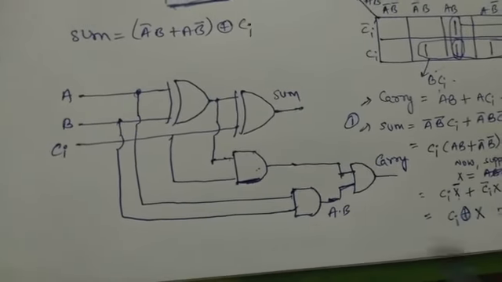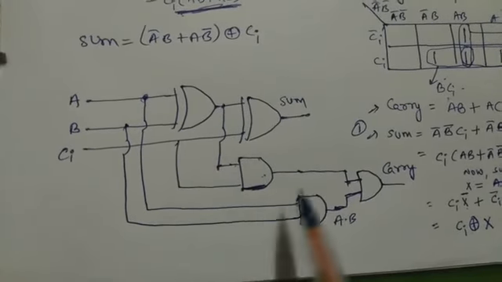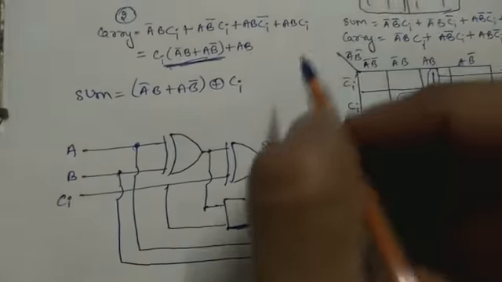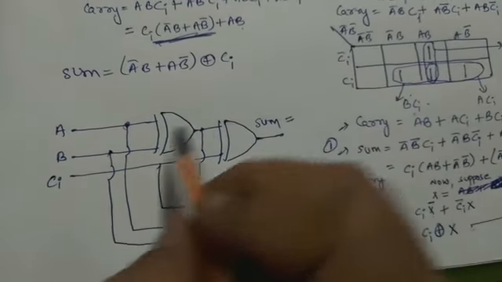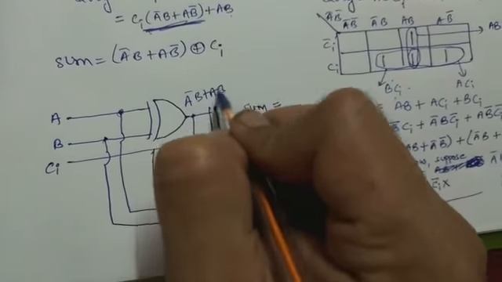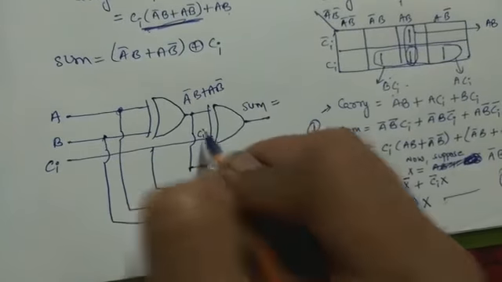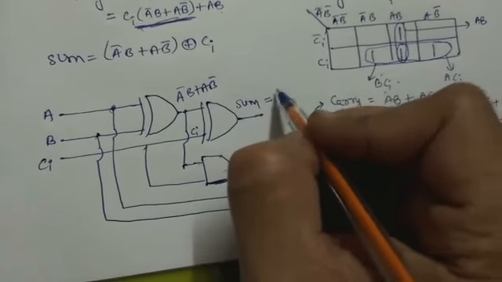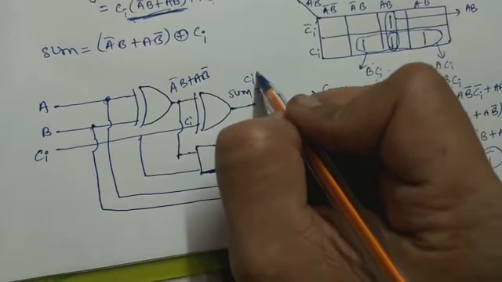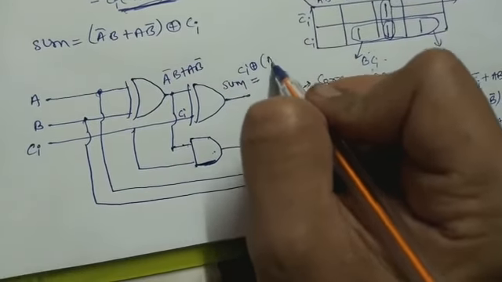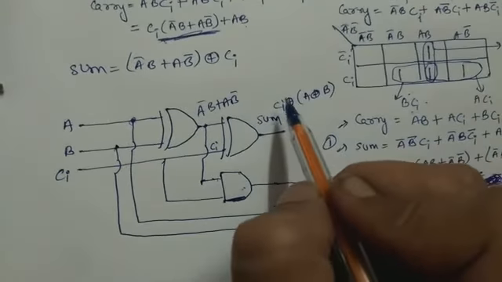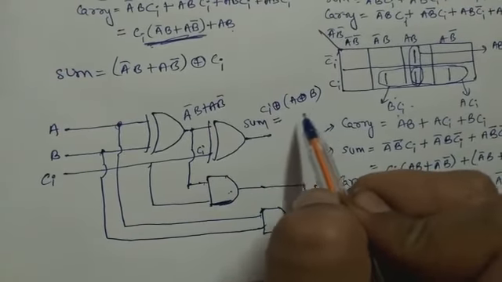So this is the circuit diagram which we have drawn using the exclusive OR gate and the AND gate, like we had done in the half adder. So you can see that if you have to write the output now, here you are getting this A bar B plus A B bar, and here you are having the CI input. So this is getting exclusive OR with CI, like this. So this is what the sum output is.